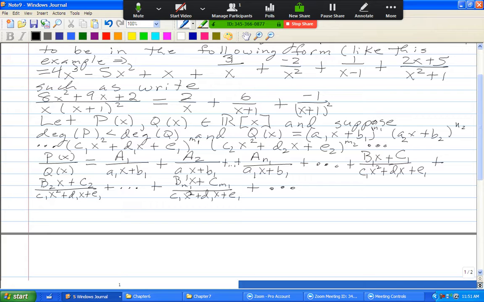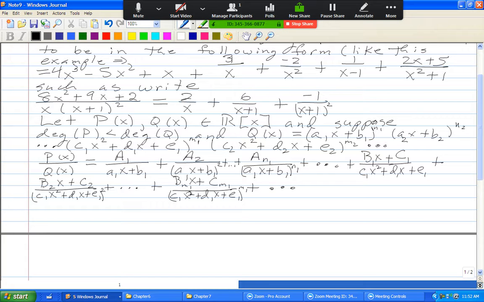Okay, so they'll just look like a whole bunch of linear terms to, oops, I wrote it to the wrong powers. I didn't write the powers down, of course. Plus, so you'd have all of these terms here, and what you notice is that the numerators are all really nice, and the denominators are all just linear terms to powers or quadratic terms to powers.